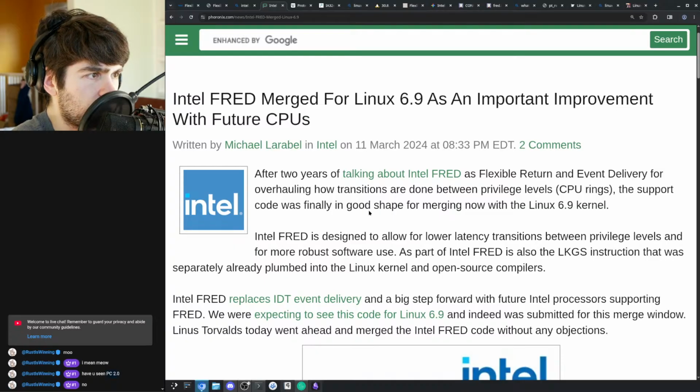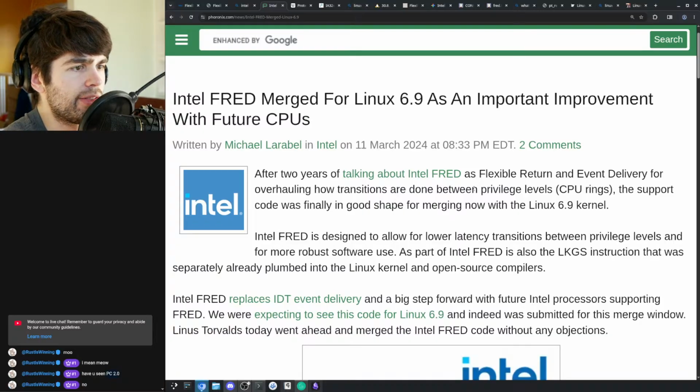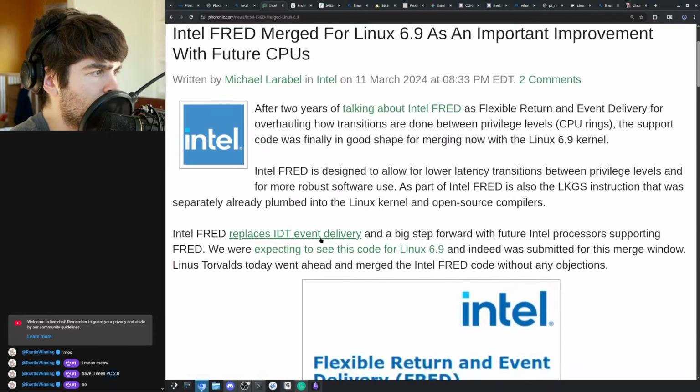After 2 years of talking about FRED, flexible return and event delivery, for overhauling how transitions are done between privilege level CPU rings, the support code was finally in good shape for merging, now with the Linux 6.9 kernel. Linux FRED is designed to allow for lower latency transition between privilege levels and more robust software use. As part of Intel FRED is also the LKGS instruction that was separately already plumbed into the Linux kernel and open source compilers.